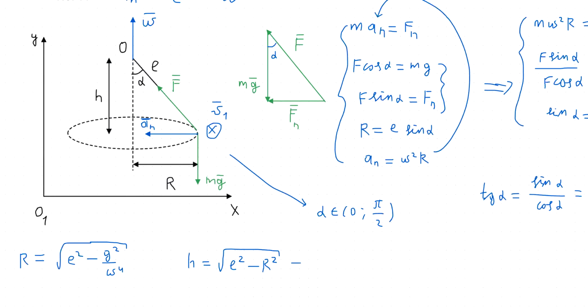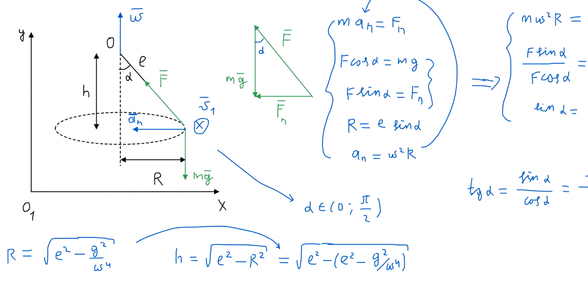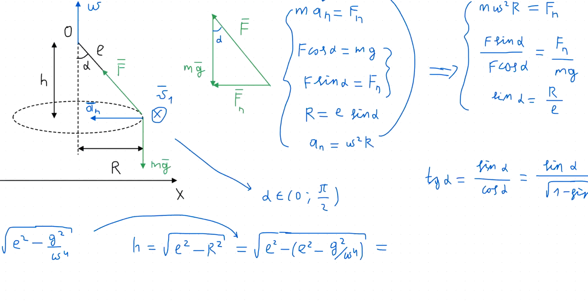And we will have here the square root of L to the power of 2 minus L to the power of 2 minus G divided by omega to the power of 4, and we will have G to the power of 2 divided by omega to the power of 4.